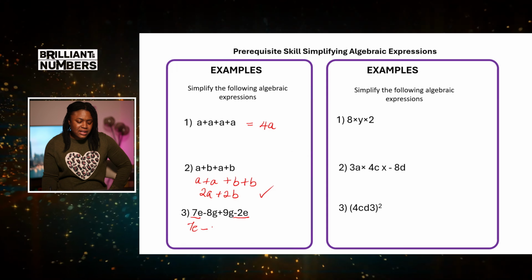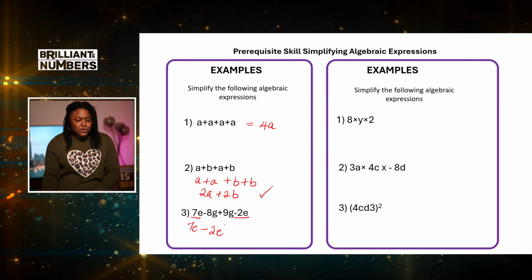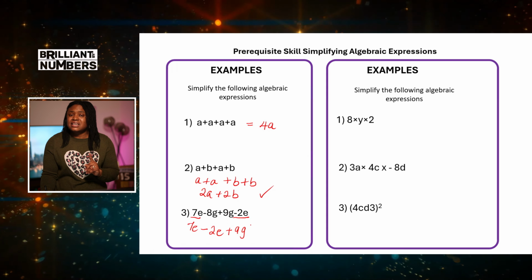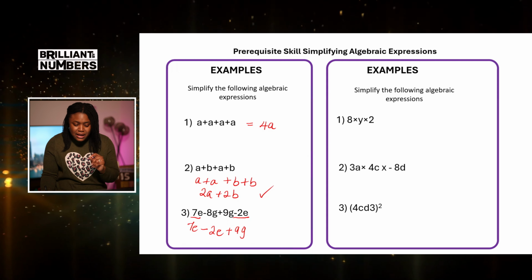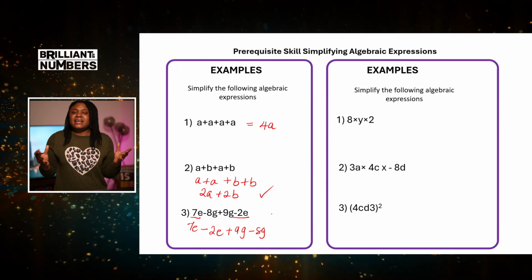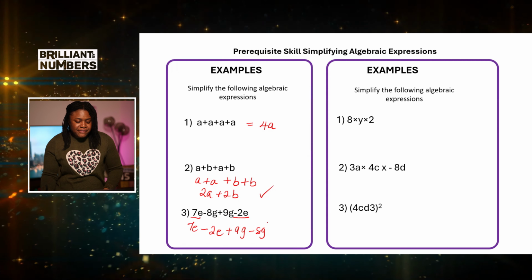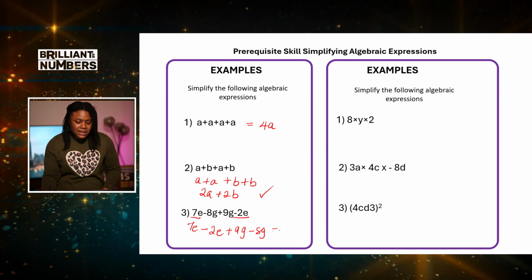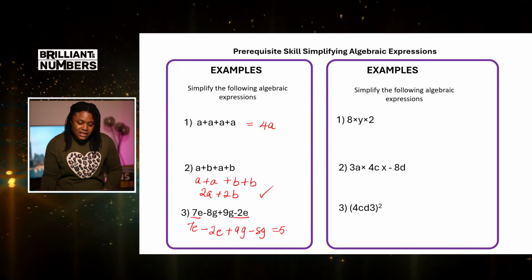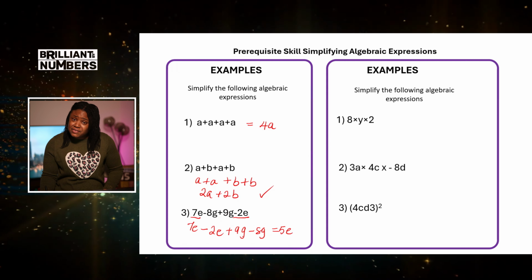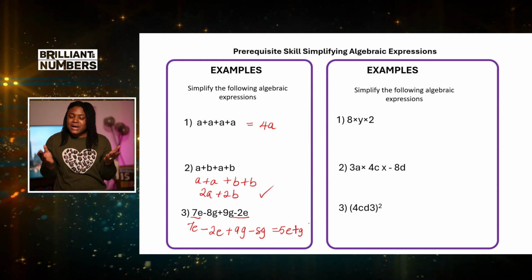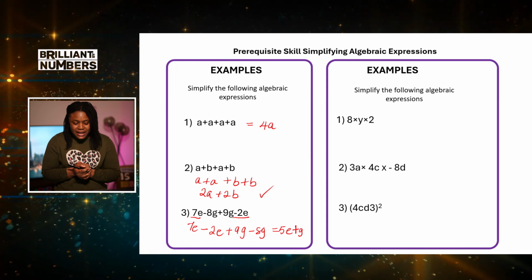We're going to write 7e minus 2e. And also I've got positive 9g. Notice I wrote my positive first because it's very much easier to manipulate, because clearly when I now write minus 8g, it's very clear that I need to subtract them. So my final answer for that is going to be 7e minus 2e is positive 5e, and positive 9g take away 8g is just g, or if you wanted to write 1g, that's also okay.